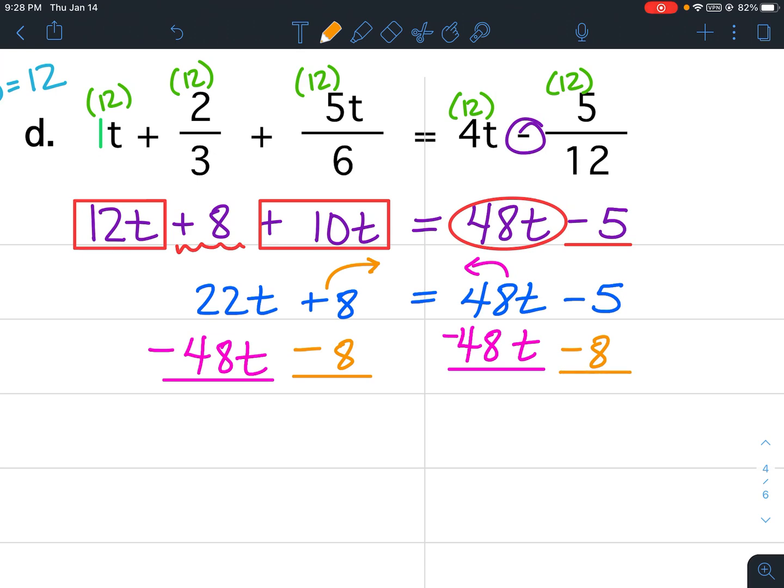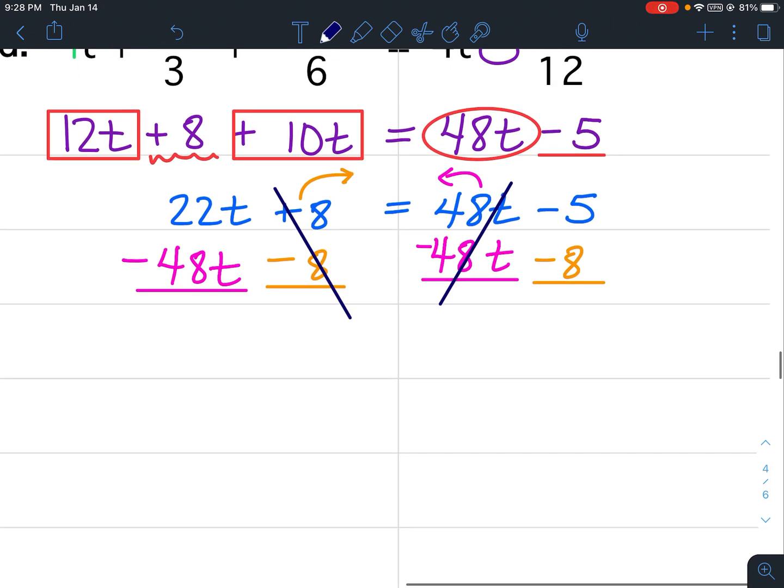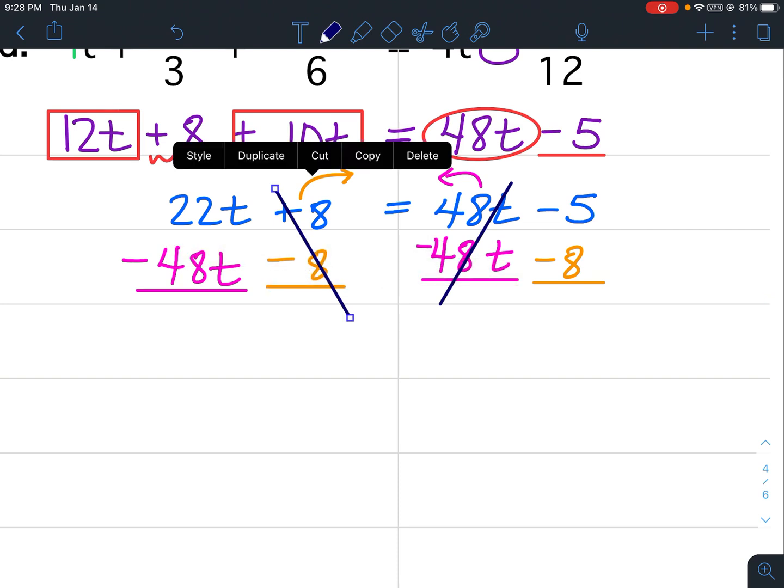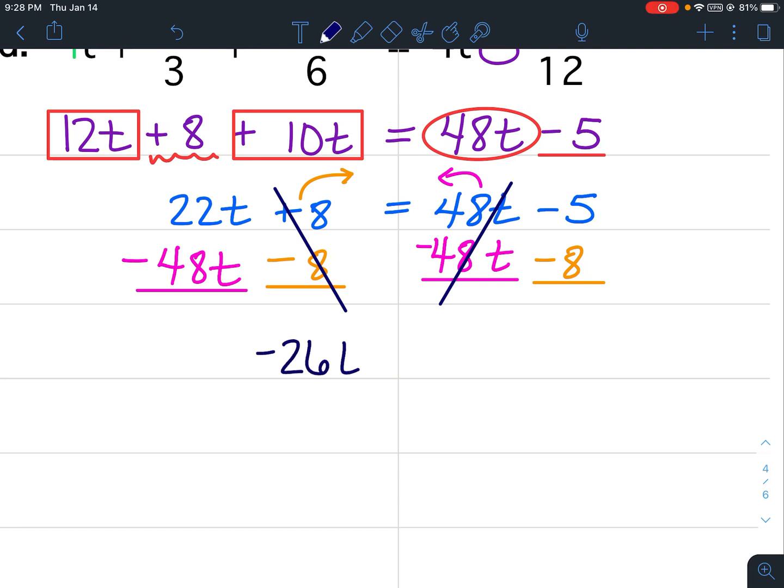All right, these cancel, and these cancel. 22t minus 48t would be -26t. And -5 minus 8 is -13.